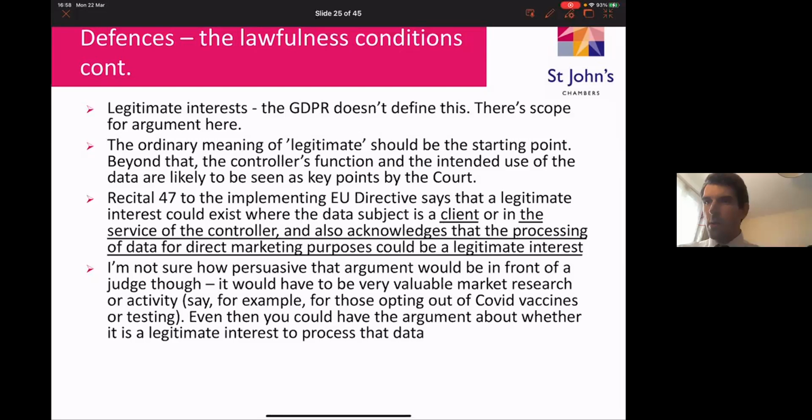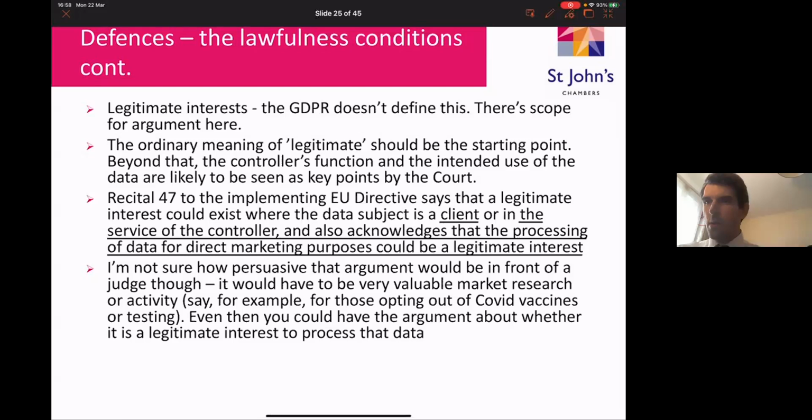The recital says that legitimate interests could also be apparent where the processing is done for direct marketing purposes, albeit that I'm a little bit unsure about that.